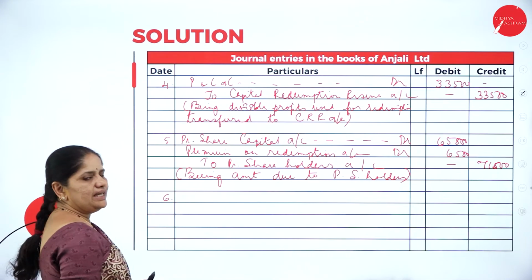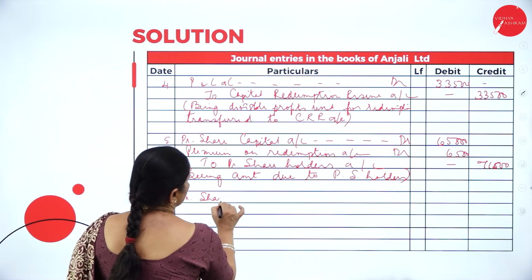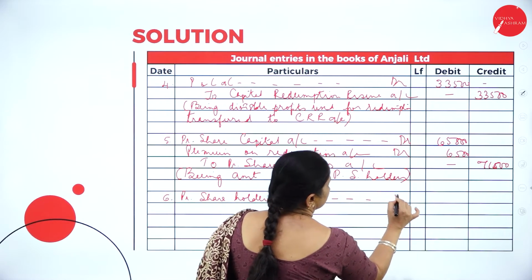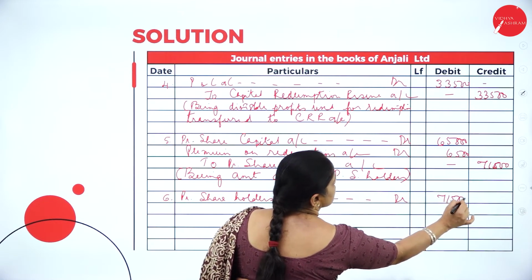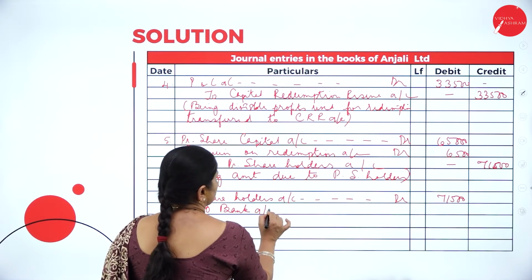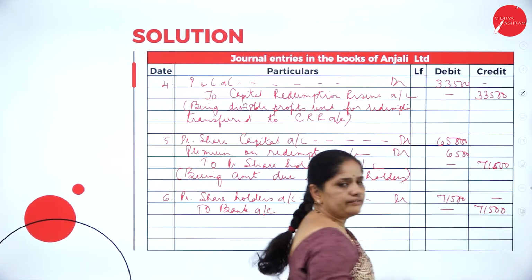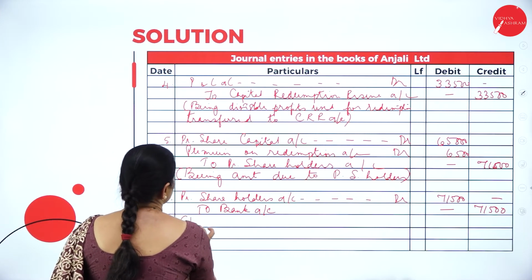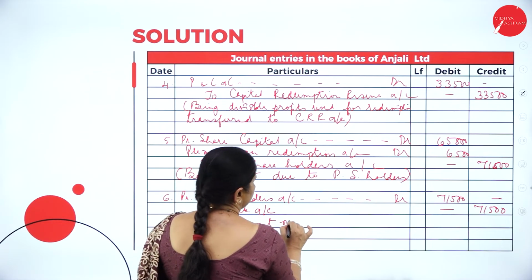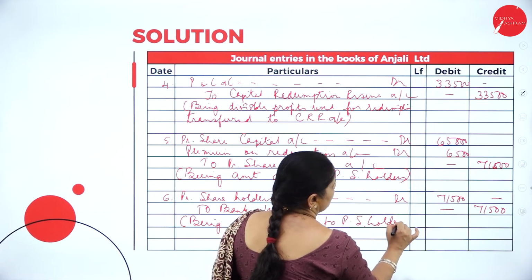The last one will be the payment of the money. Preference share holders account debit 71,500 to bank account 71,500, being payment made to preference share holders.